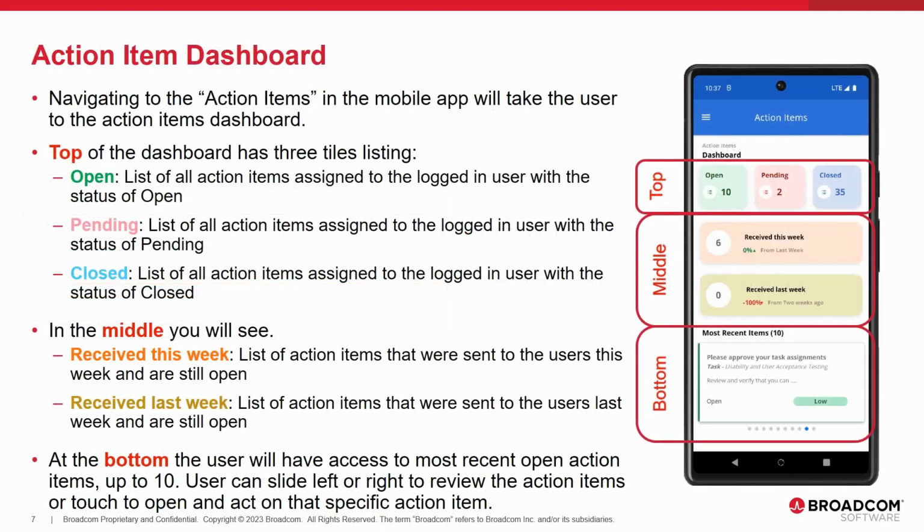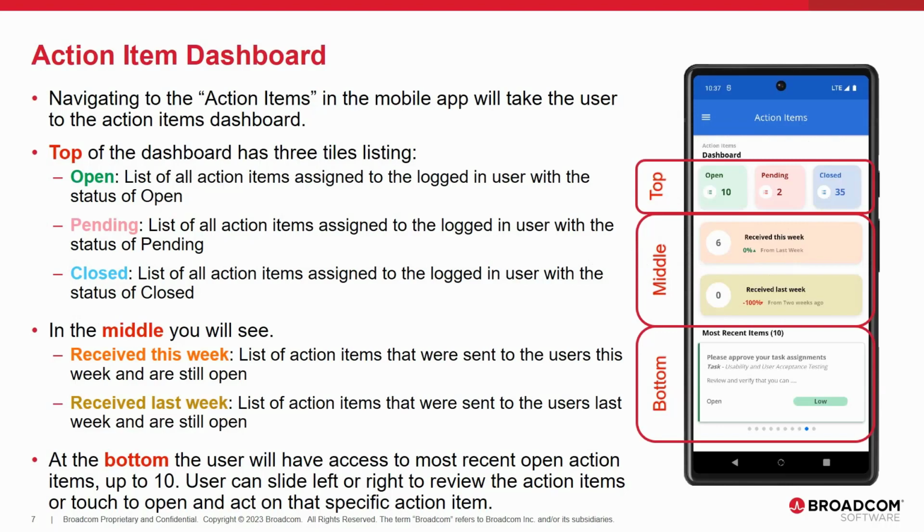Navigating to the action item menu, the user will land on a dashboard. It's the action item dashboard, and the action item dashboard will basically display three sections of information. The top section is where the user will see three tiles as open, pending, and closed.